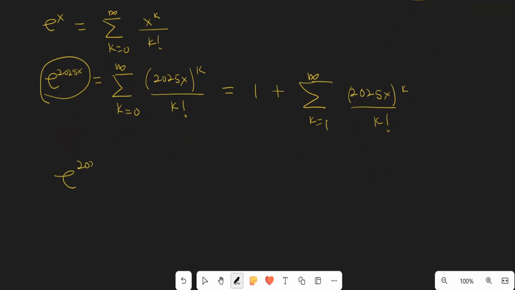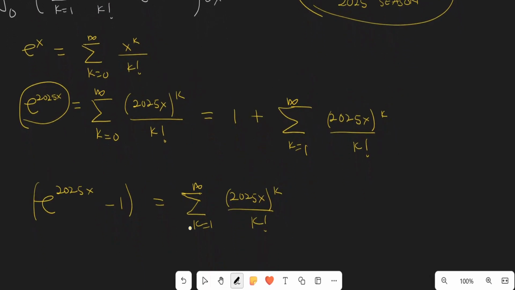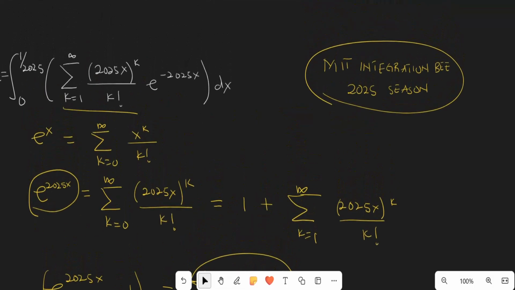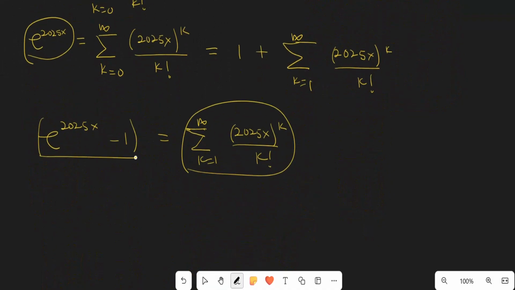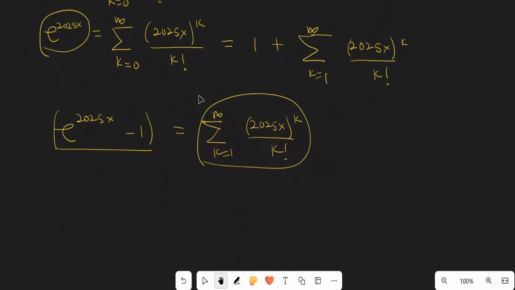So e raised to the power 2025x minus 1 here is really going to be the summation from k running from 1 to infinity of 2025x raised to the power k all over k factorial, right? So in place of this summation running from 1 to infinity, which is in our integrand, I am going to replace that with this one and then hope for the best. So that is how this one can be solved.